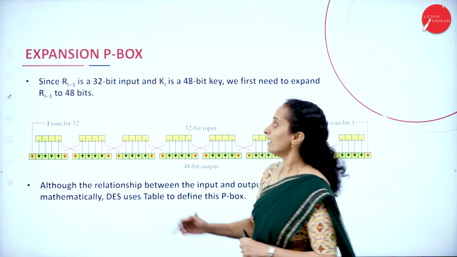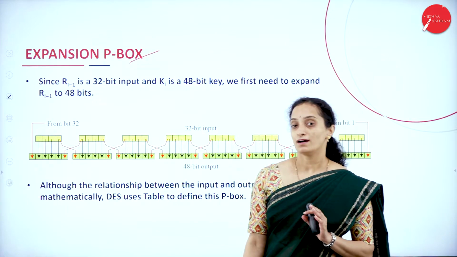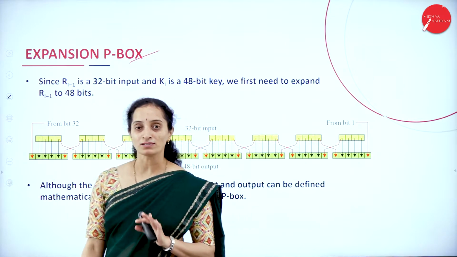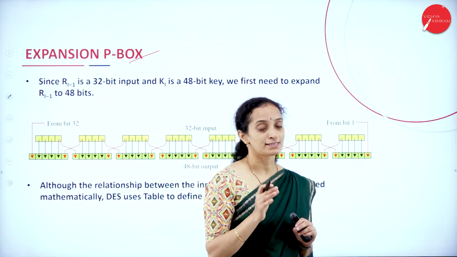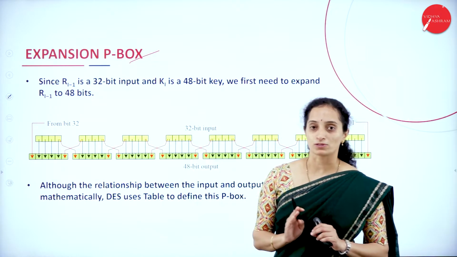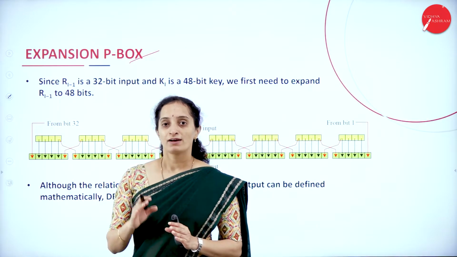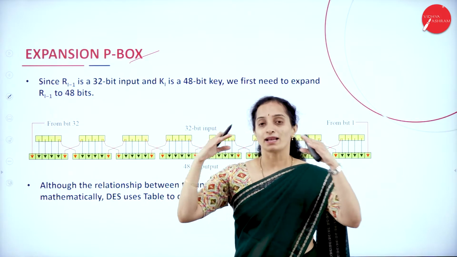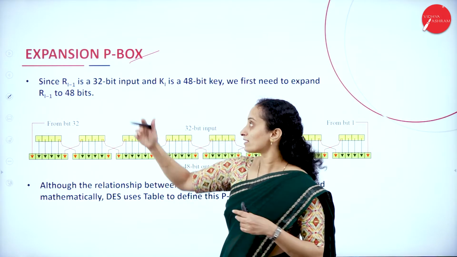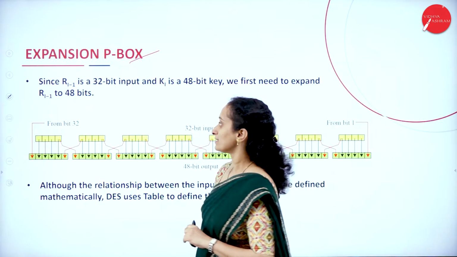I explained that in the expansion P box, the number of input ports will be less than the number of output ports, or in other words, the number of output ports will be more than input ports. That means the structure will be like this, expanded. That is why it is called the expansion P box.